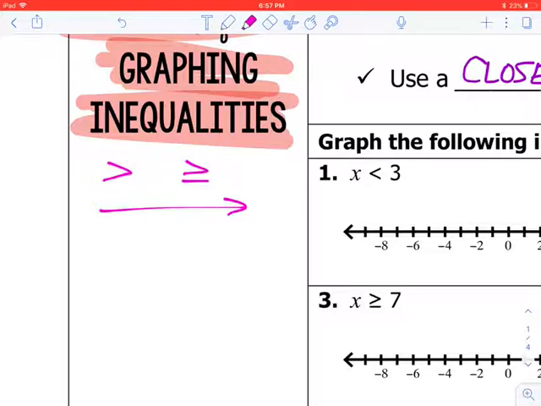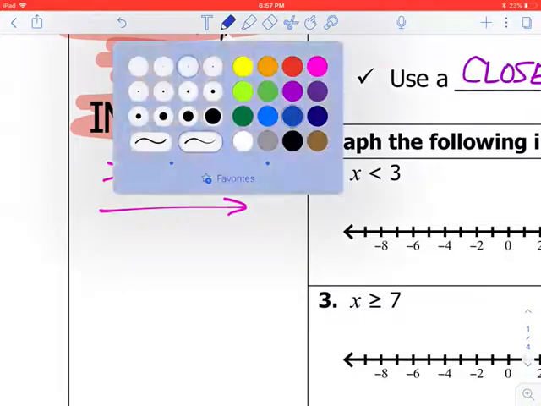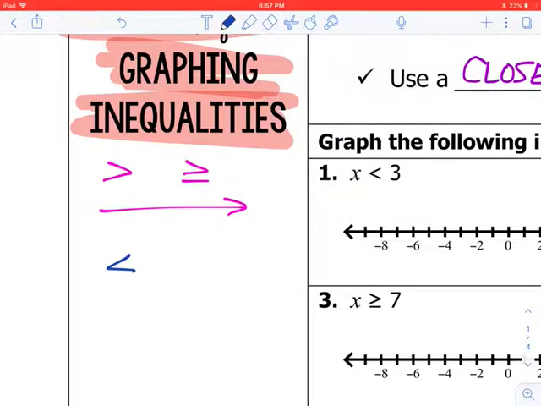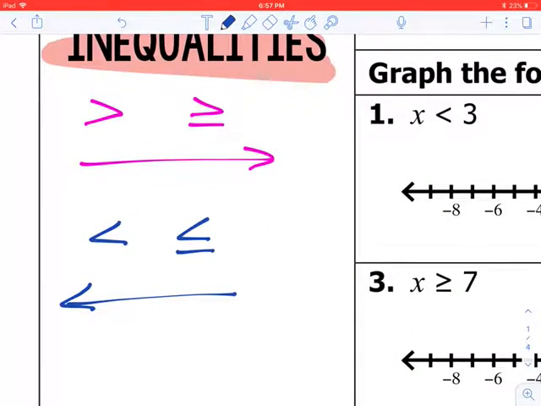In the same way, less than or equal to would be going left. And a way to recognize which is which, these two kind of look like L's, less than. So you can use that as a less than.